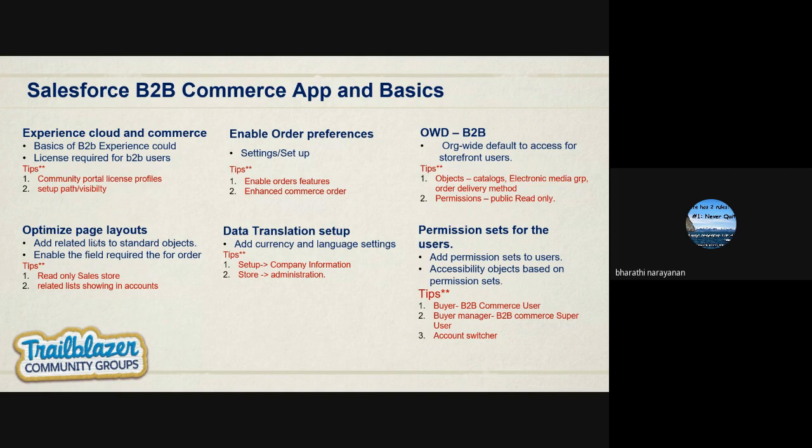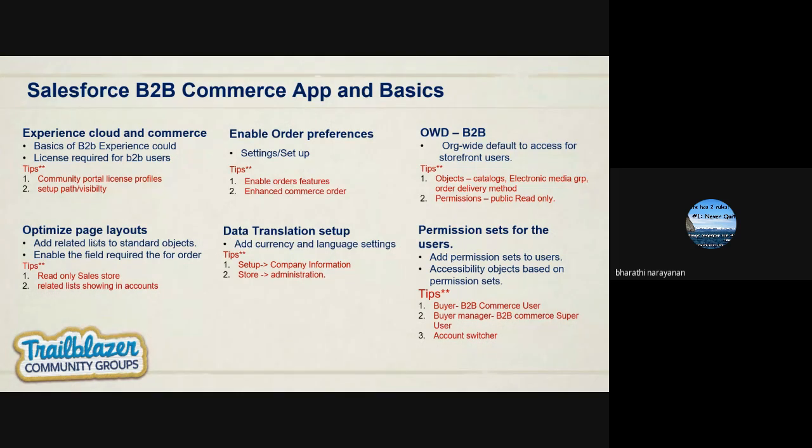We are adding some buttons and features as well as related lists. You can expect direct questions like: what are the related lists we are adding in the account object? You can expect these kinds of questions.